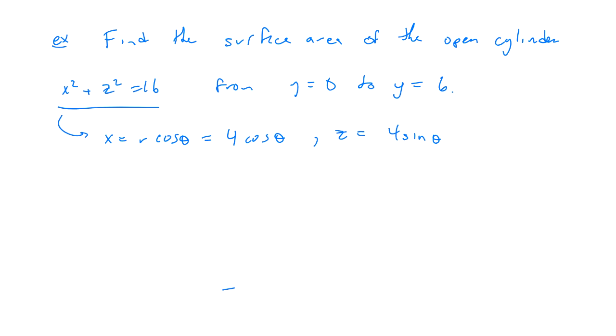In some ways, it doesn't matter which way I do those. So either I can let x be cosine or z be cosine. Doesn't matter. And on the other hand, y is just itself. So therefore, our parameterization is that.